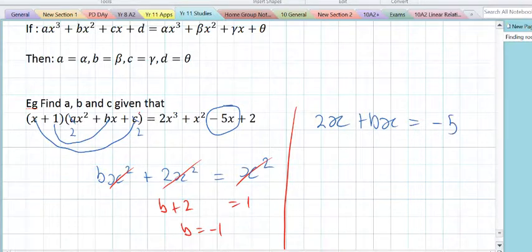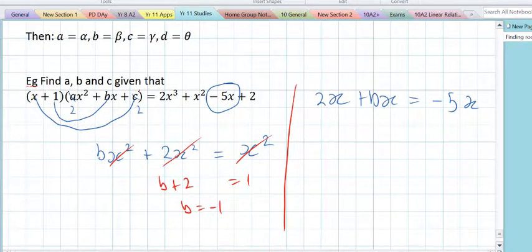What's gone wrong here? Done something wrong. Why was ax squared 2?